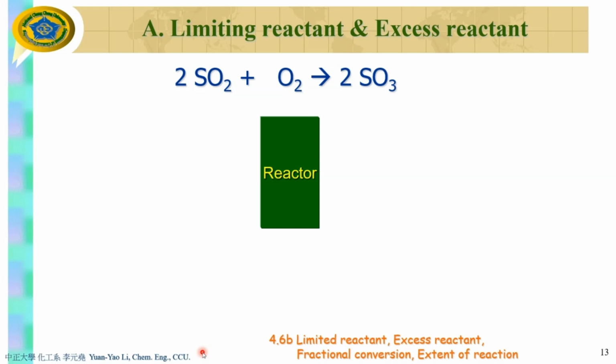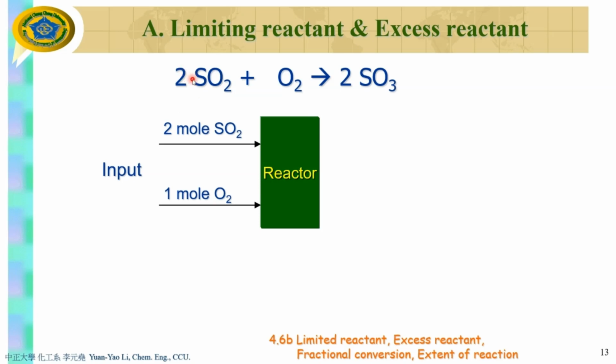Okay, so let's start from the first and the second terms. Assume we have a reactor and we want to consume SO2 and make SO3 as a product. So we have input, right? We have 2 moles of SO2 going into the reactor, and we have 1 mole of oxygen going into the reactor. Well, this matches the stoichiometric ratio.